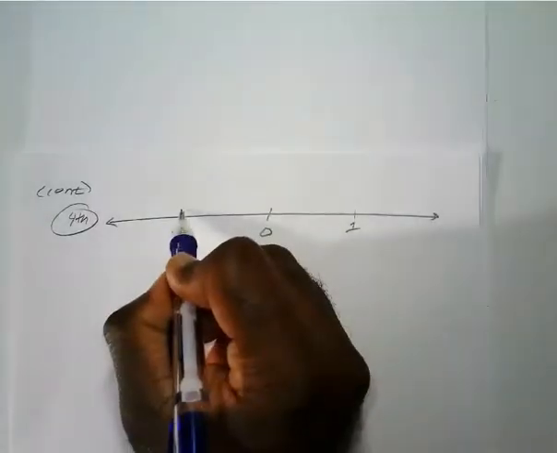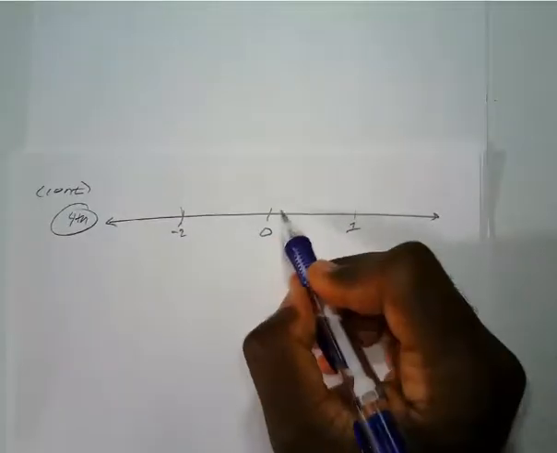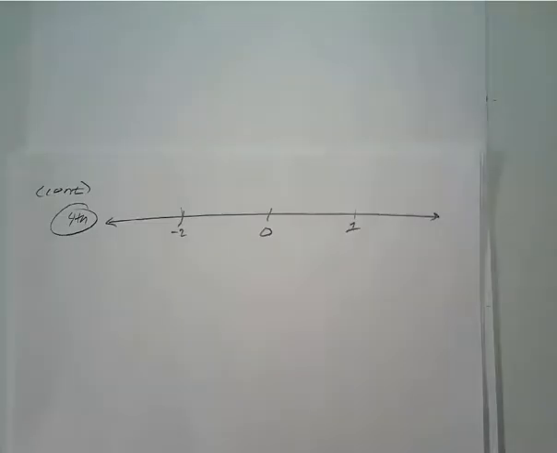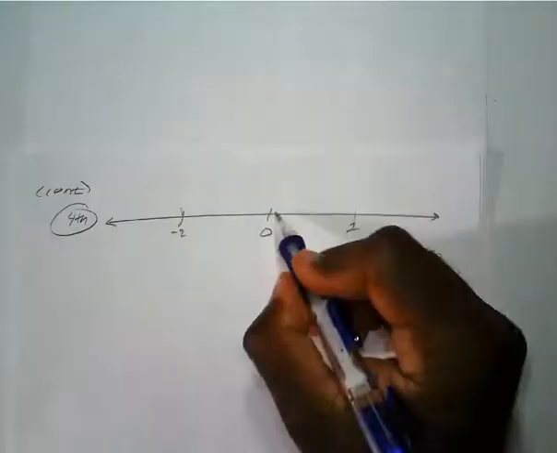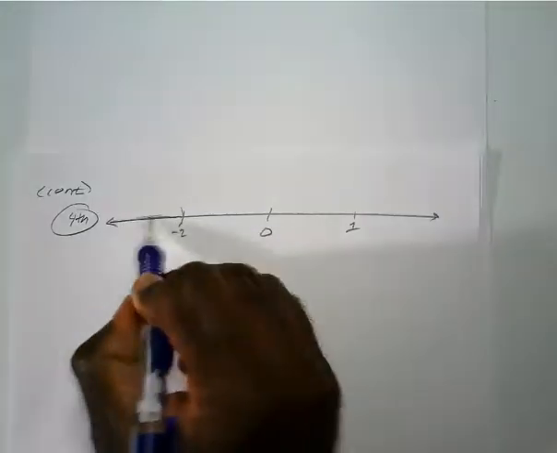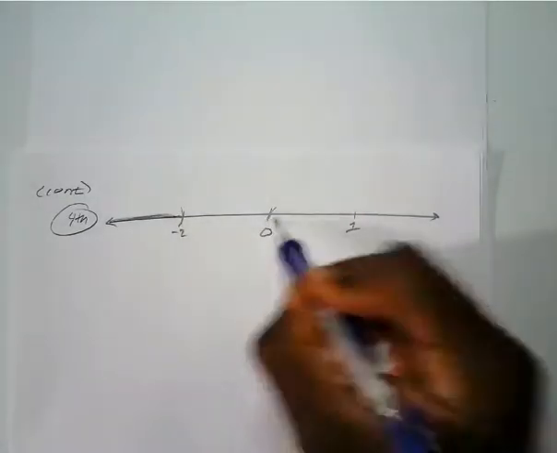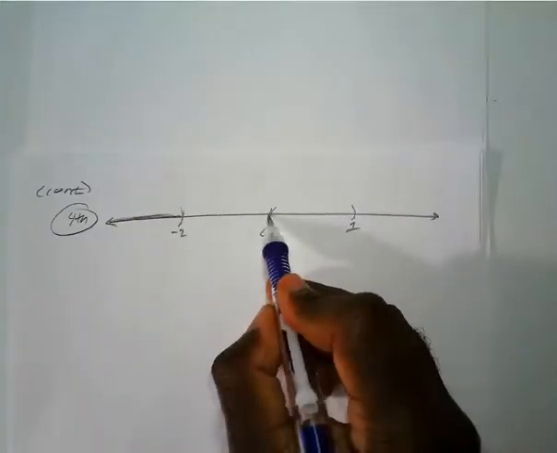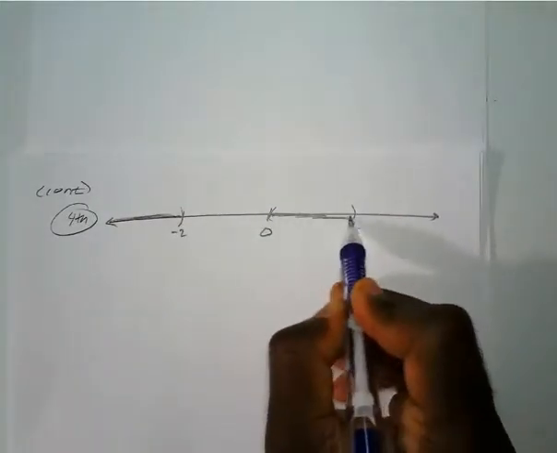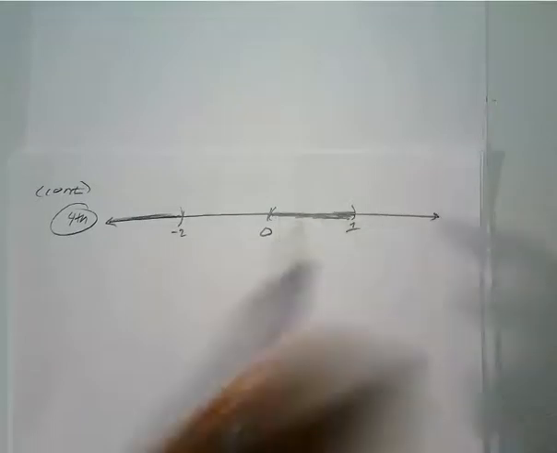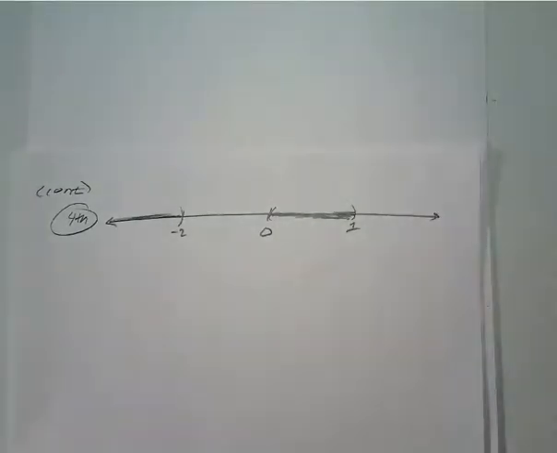So we're going to use parentheses: negative infinity to -2, and from 0 to 1. Okay, so that's the graph of your solution.